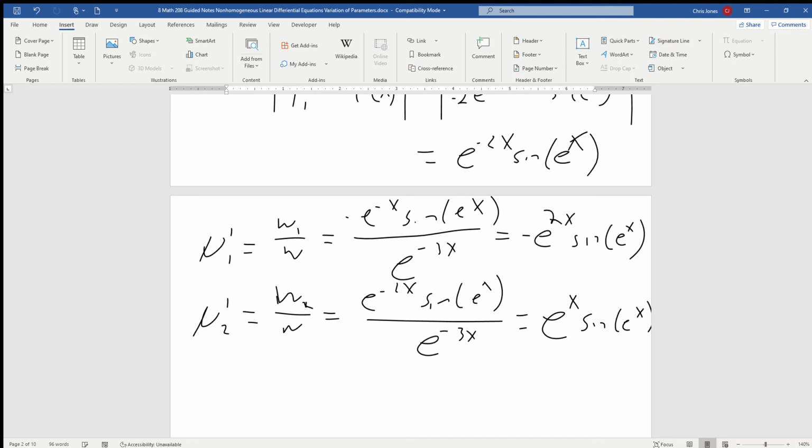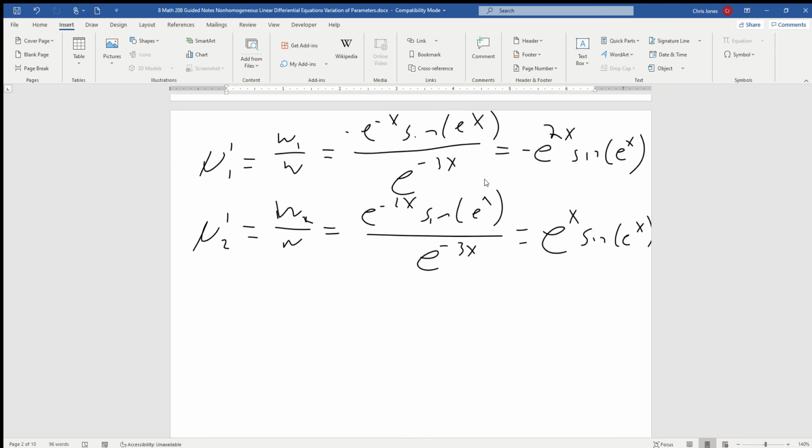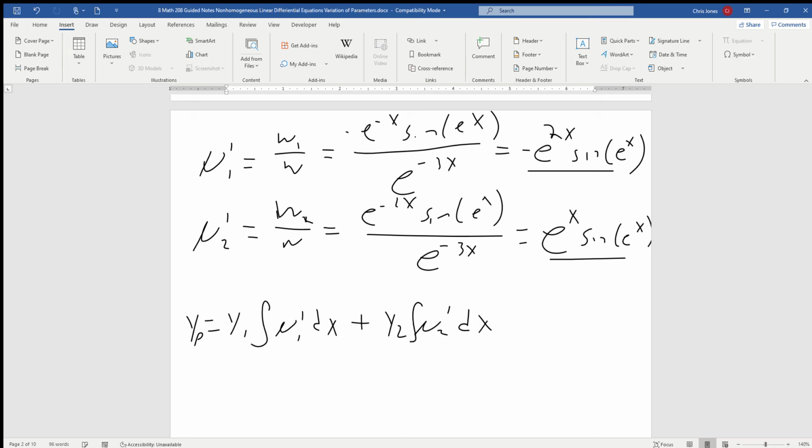Now, the integration for this is not going to be too pretty, as you can imagine. So let's focus on one of them at a time. Remember, our particular solution is going to be y1 times the integral of u prime 1 dx plus y2 times the integral of u prime 2 dx.